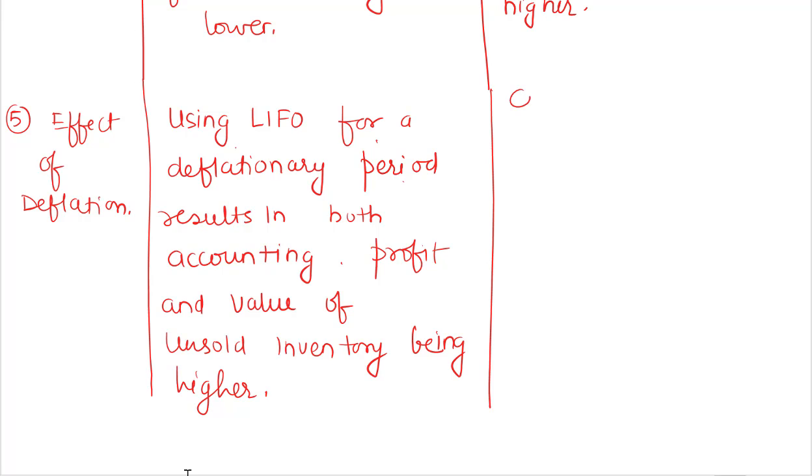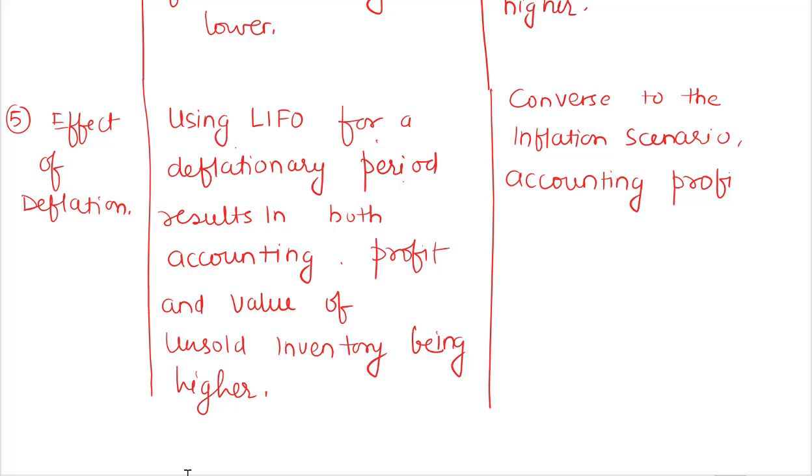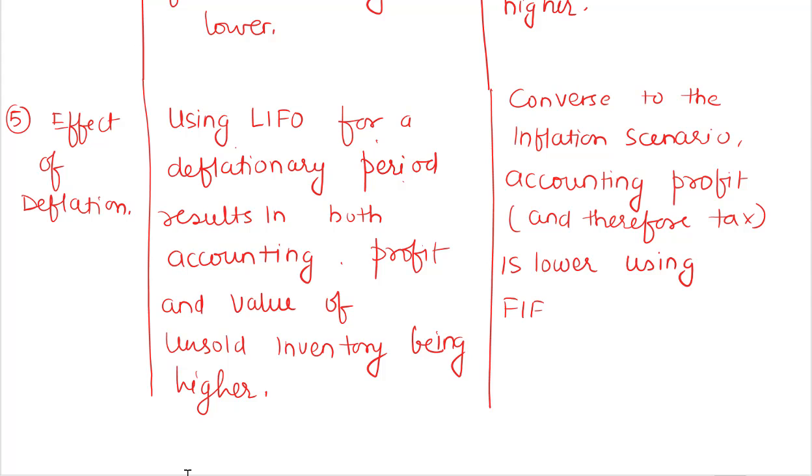In FIFO, just write converts to the inflation scenario, accounting profit, and therefore tax is lower using first in first out, that is FIFO, in a deflationary period, that is deflation.